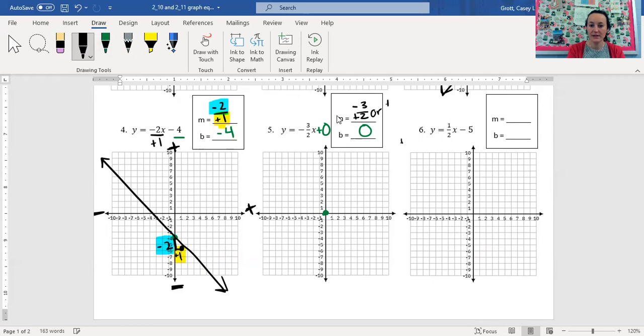And you decide. Is your negative going to go with your 3 or is it going to go with your 2? It does not matter. If I go with my 3, I'm going to go down because that's negative. So 1, 2, 3. Here's -3. +2, 1, 2.